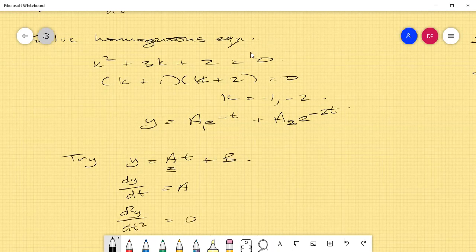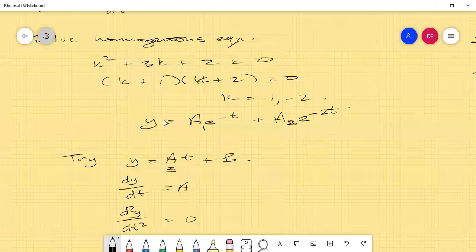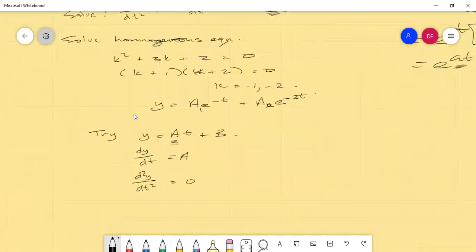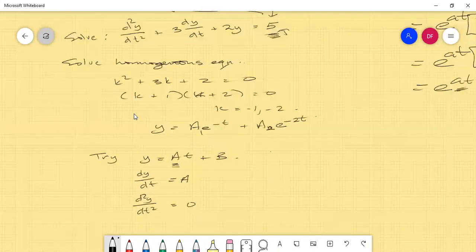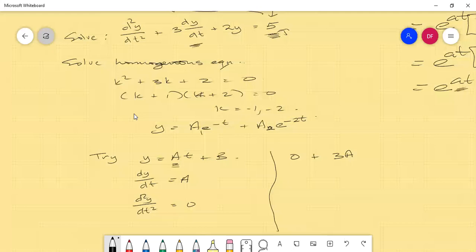So we're going to plug that into our equation up here. It's 0 plus 3a, we put in the a for the dy dt, and then plus 2y, which is 2 times at plus b.